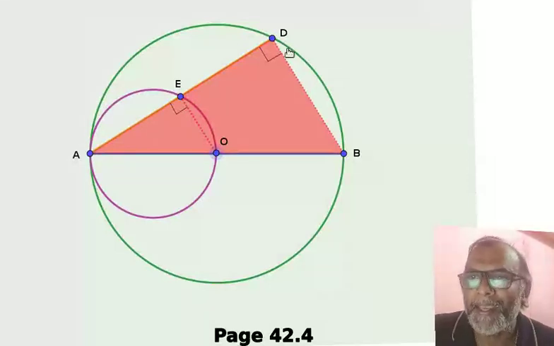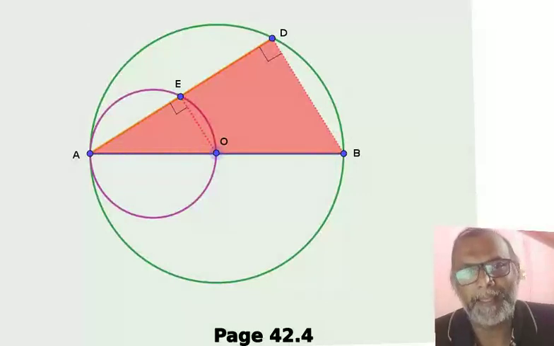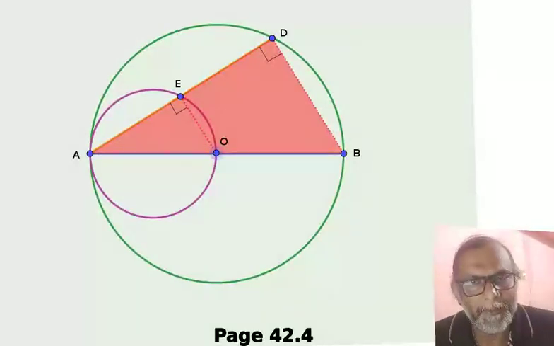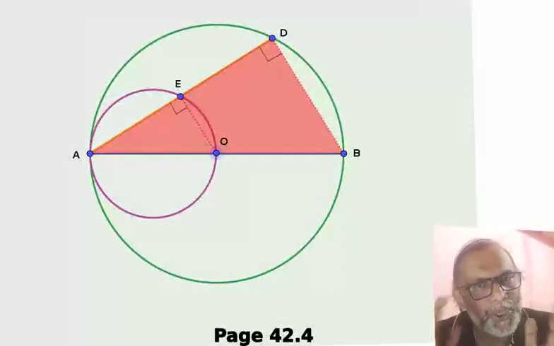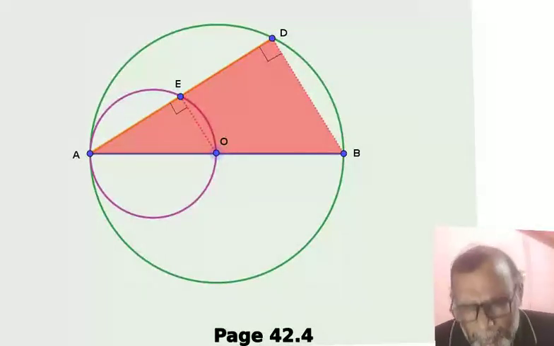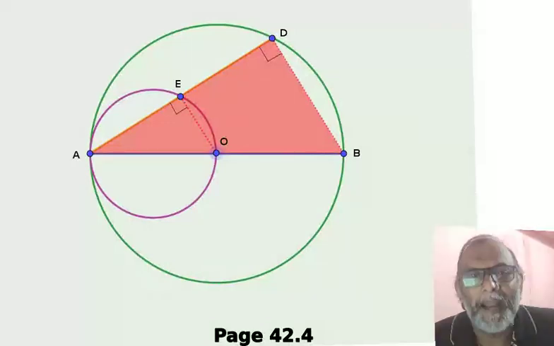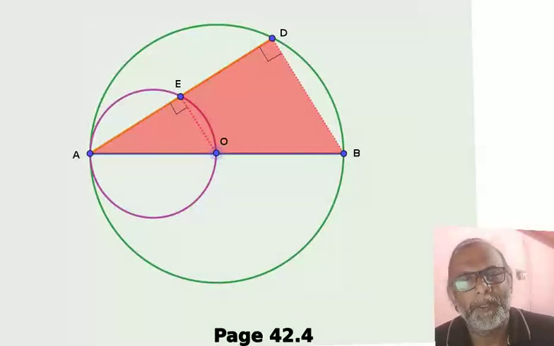That means AE and ED are equal in length. So we have proved that the small circle always cuts the chord AD into two equal parts, that is, the small circle bisects the chord AD.